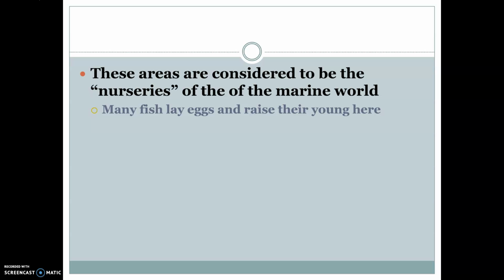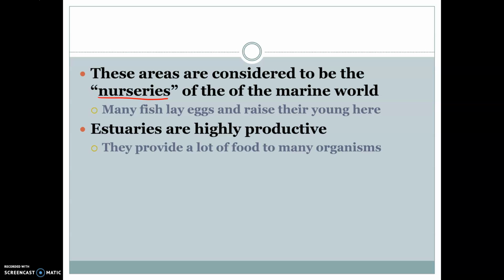So these areas are considered to be the nurseries of the world, because a lot of fish and other animals are going to raise their young in these areas. So fish might lay eggs here, birds might nest here and create all those different environments for that and raise their young in these areas.